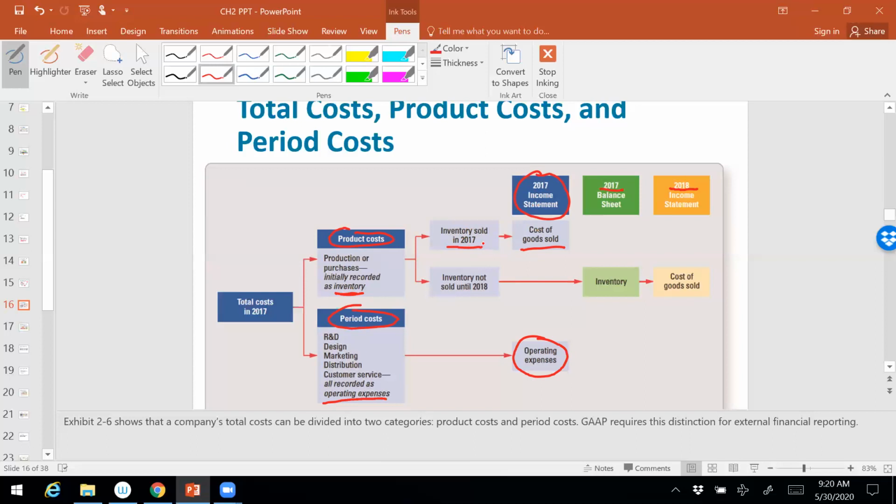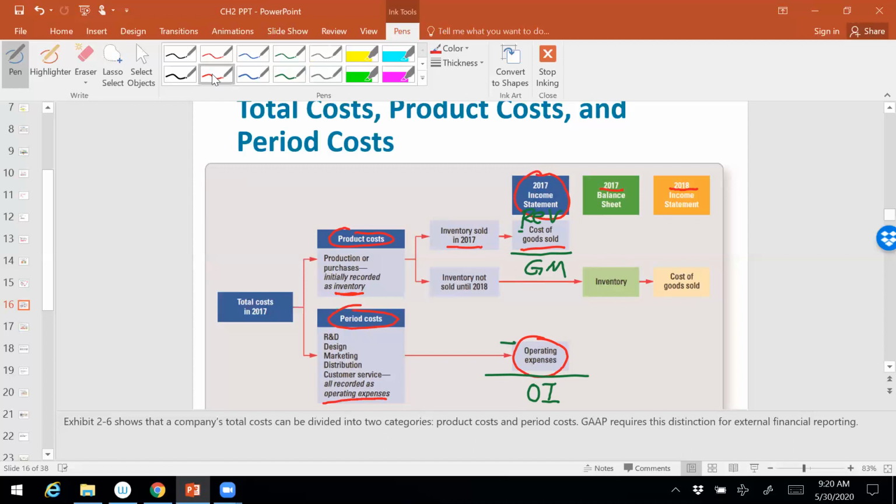You sell your inventory, the inventory becomes cost of goods sold. And remember we said when you sell things, you have your revenue. So your revenue minus your cost of goods sold, we get our gross margin. We subtract this operating expense, we get our operating income. So that's how we get our 2017 operating income.